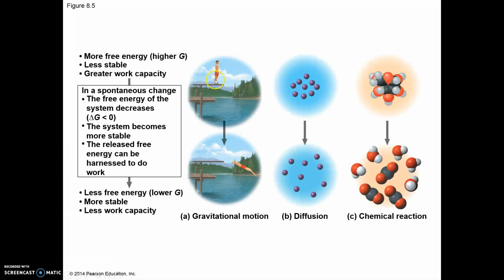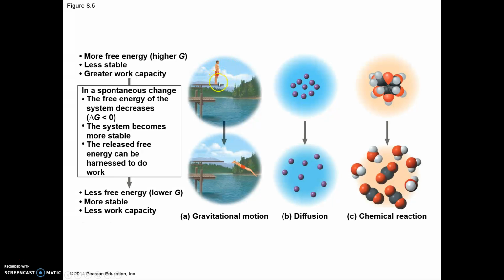So here's a diver on a diving board. It has a lot of potential energy because the diving board is holding him off the surface. You take that away or you step off of it, all of a sudden all that potential energy becomes kinetic energy. So that is essentially a negative delta G, right?